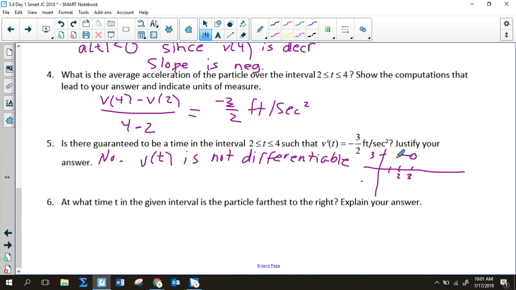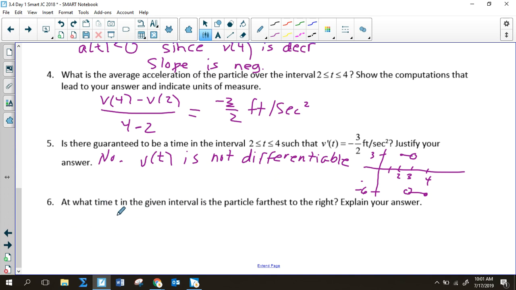So from 2 to 3, I have just this horizontal line. But then from 3 to 4, the slope is -6. And there is no connection between the two. They don't cross the x-axis. So therefore, you will never have a place where the acceleration at an exact time is equal to -3/2.